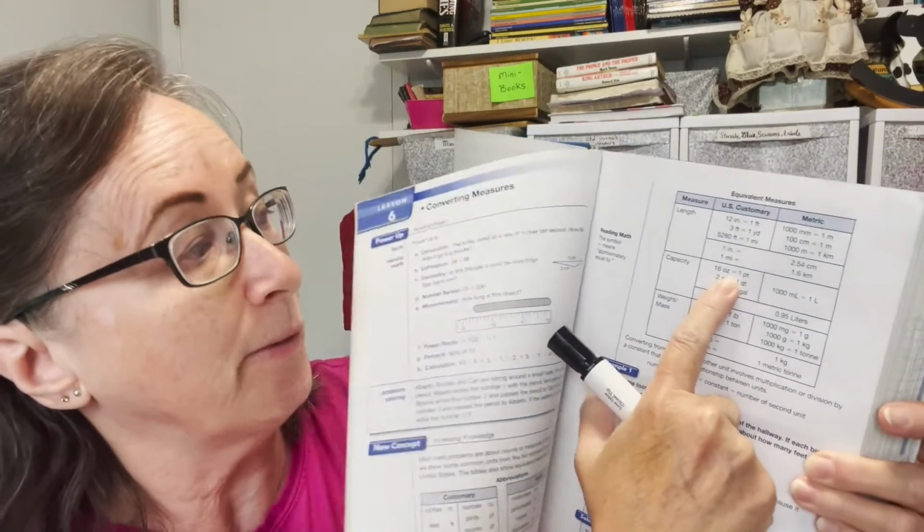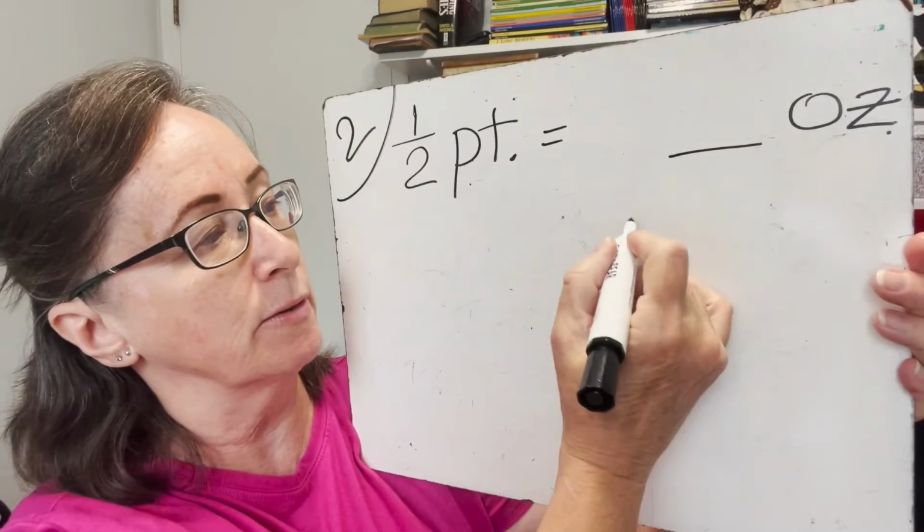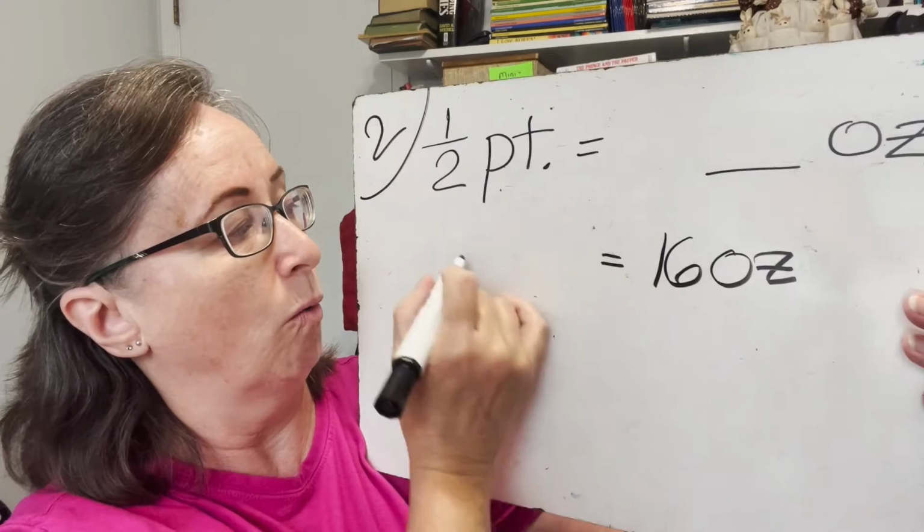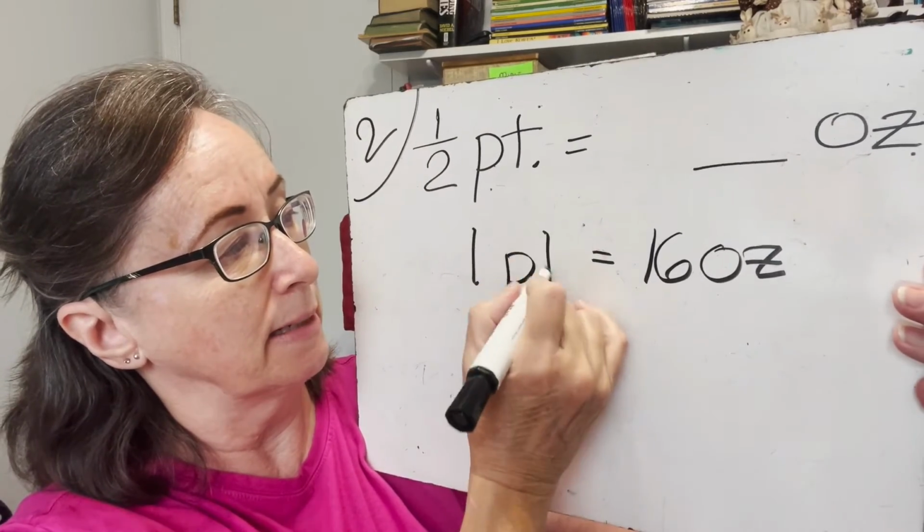So I'm going to go back over to page 37, and this top one right here where my finger is says 16 ounces is 1 pint. So 16 ounces is 1 pint is the relationship I'm going to use.